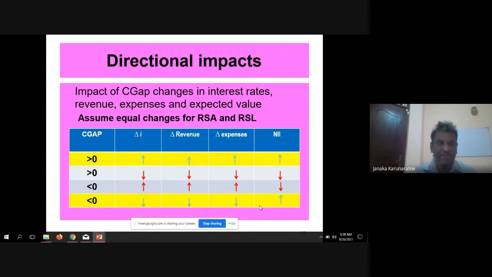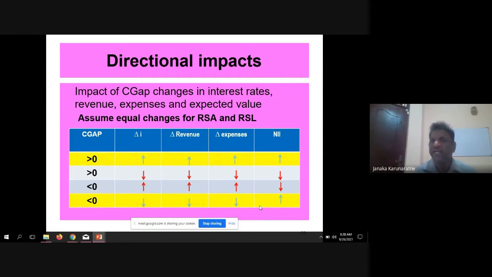Once you set a particular gap for a particular period as a risk indicator, you can always compare the actual or forecasted gap with the targeted gap, and see whether you are subject to a potential risk of negative net interest income. So that is an important part.